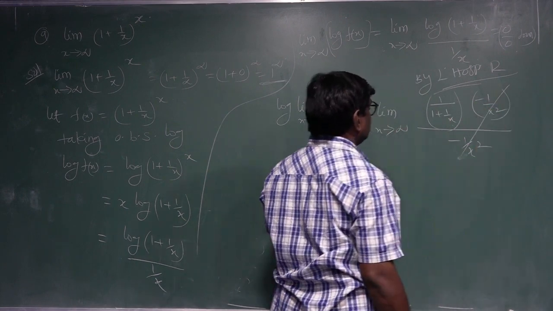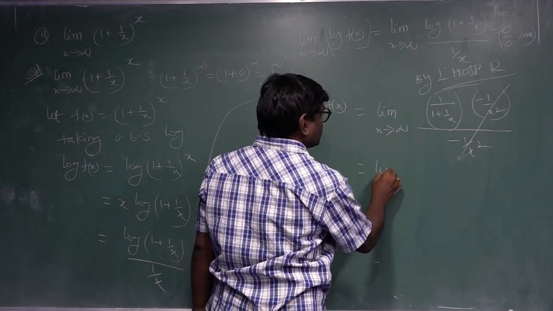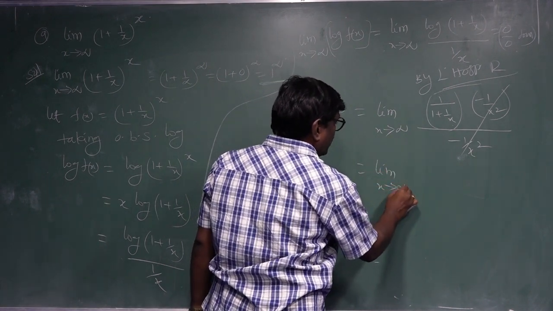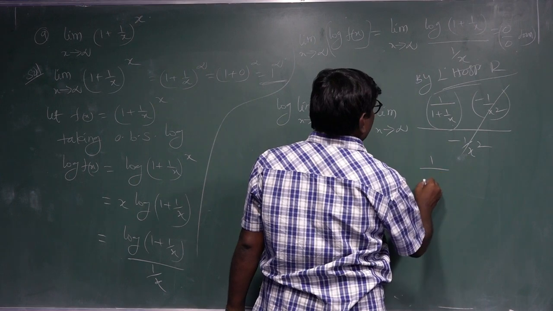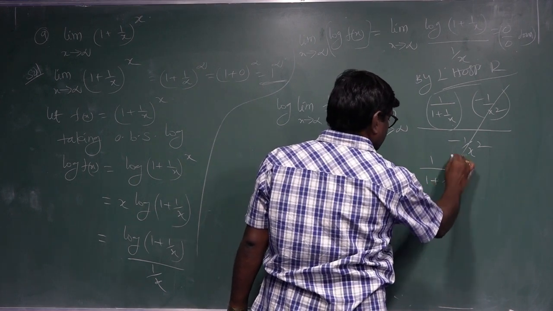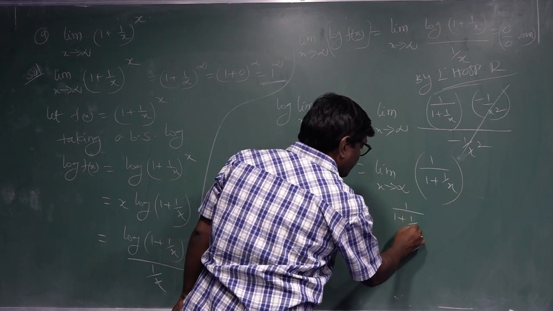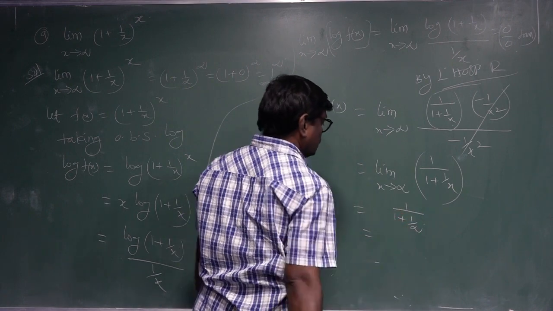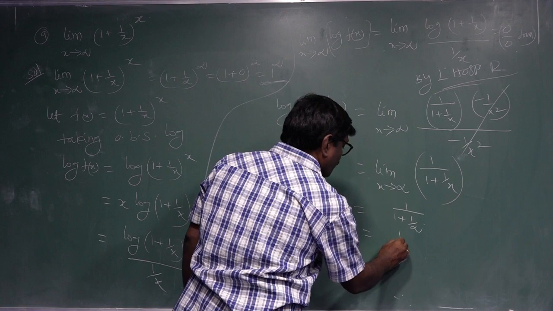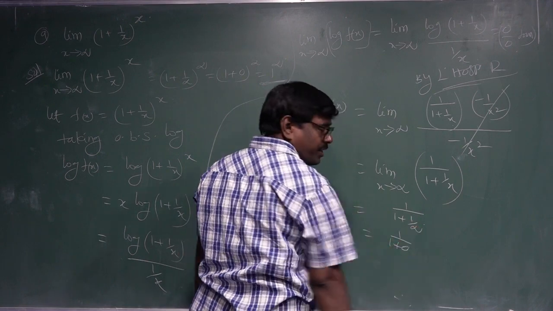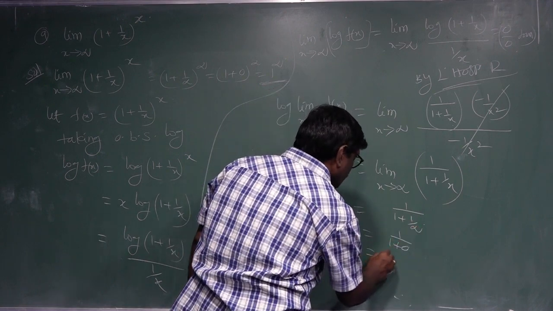This cancels, equal to limit as x tends to infinity of 1 by (1 plus 1 by x). This value is 1 by (1 plus 1 by infinity), 1 by infinity is 0, so 1 by (1 plus 0) equal to 1.